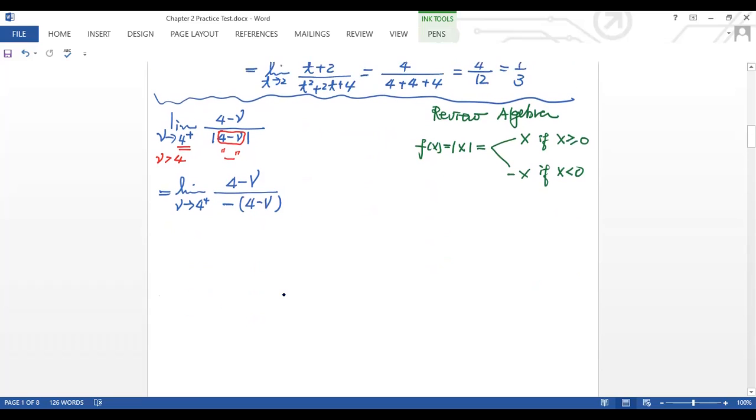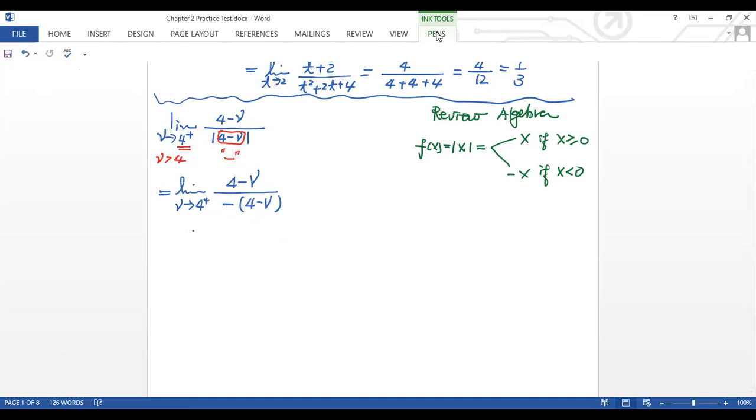So here we have the limit as v approaches 4 plus, and it is negative 4 minus v.